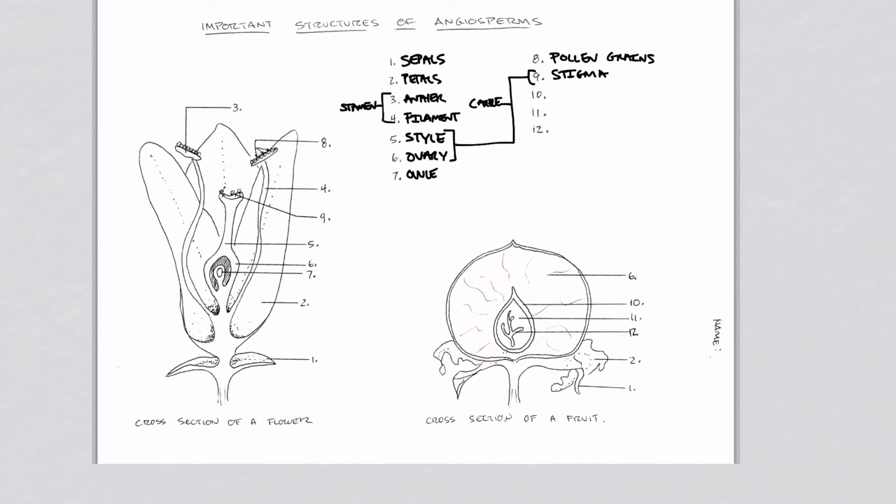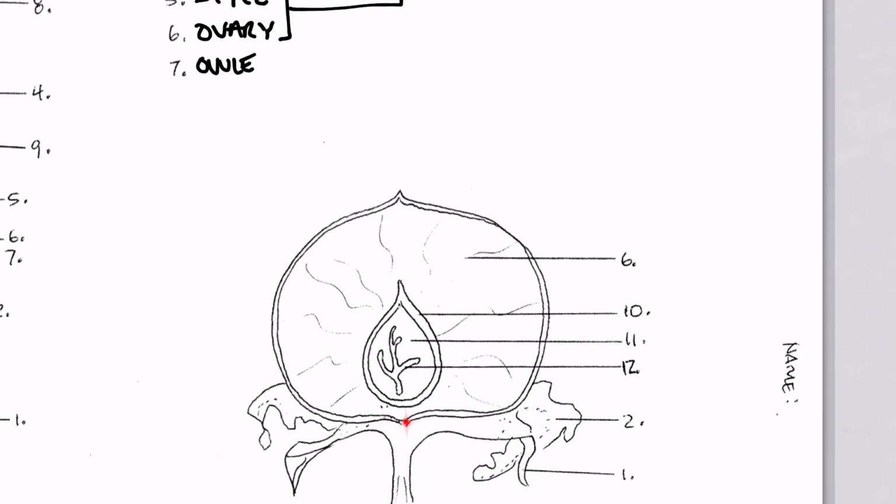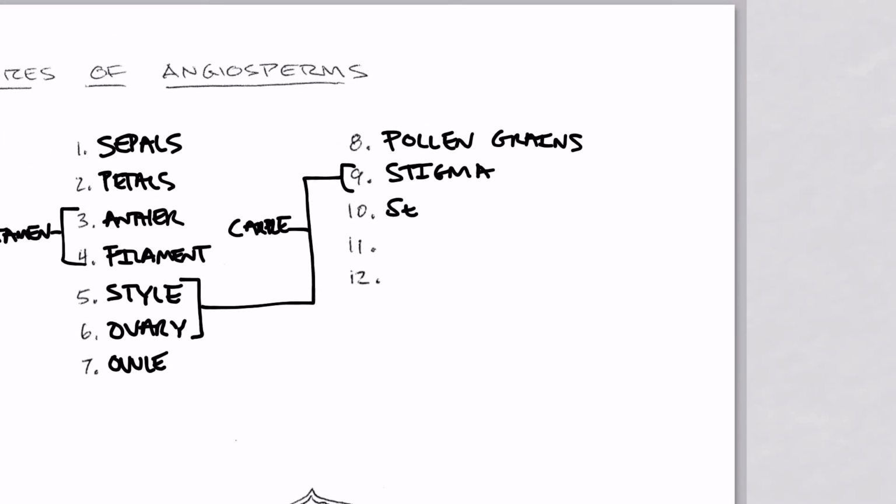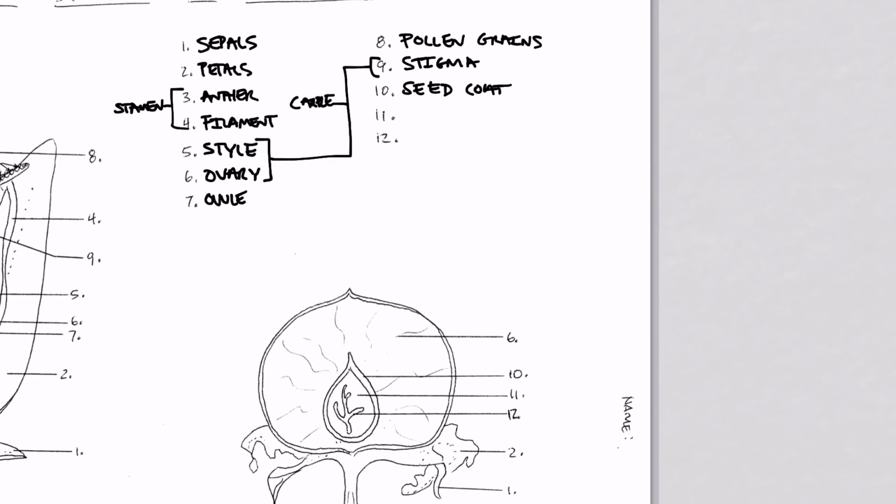So the only new numbers we have to label here are 10, 11, and 12. So let's start with number 10. This entire structure right here, so this is the ovary, this becomes the fruit. Here is the seed, and number 10 is the seed coat. Inside the seed coat are 2 things.